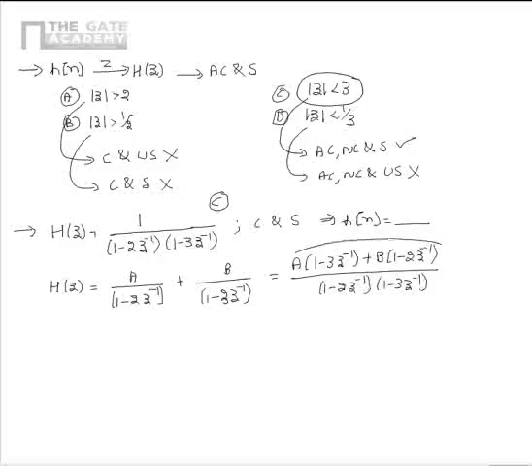Upon equating the numerator 1 with the numerator of the H of z that we got, we see that A plus B is equal to 1, which corresponds to the constant term, and minus 3A minus 2B is equal to 0. That implies A is equal to minus 2B by 3. Upon substitution, we see that B is equal to 3.